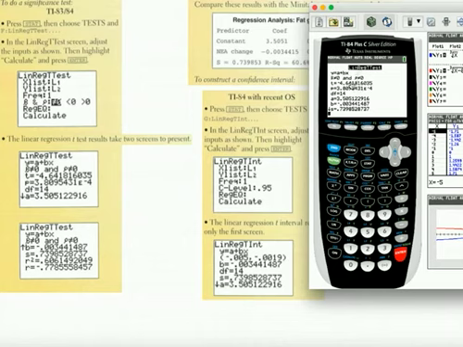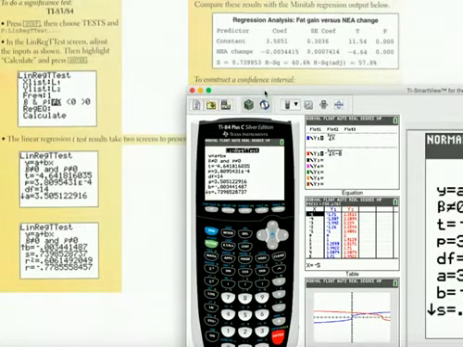And that gives you the T, gives you a P, gives you your A and B so that you can write your regression line. And so then you've got your Minitab regression output here, and you can basically match it up, make sure that everything works.